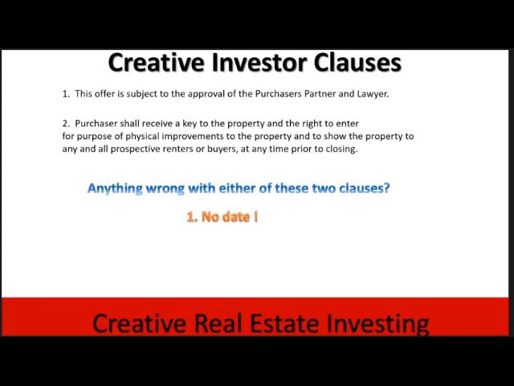It is surprising the number of times I have tried this in the past. I don't use this anymore myself, but when I first started out, I would throw this clause in there, and it was a 50-50 chance whether the real estate agent and/or the seller noticed that, and they either struck it out or they put a date in there.